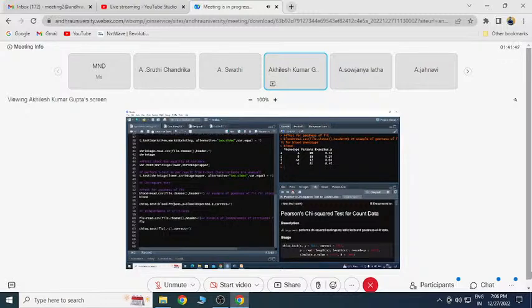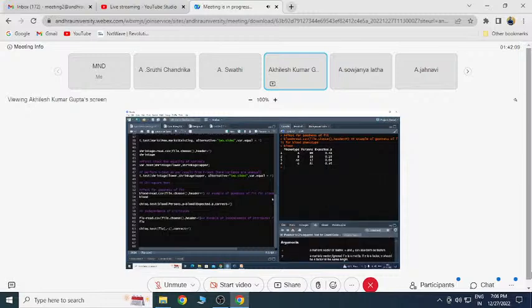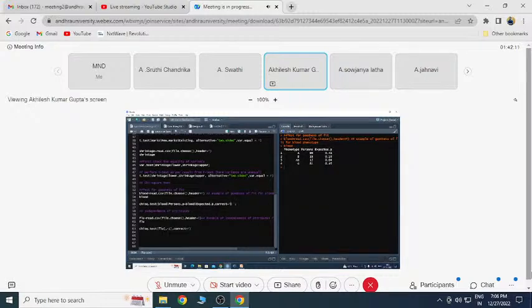Here we don't have to apply any Yates correction because our observed frequency is not less than 5, so I have taken correct equal to false. If you want to do the Yates correction, you set it equal to true. Here it is written: correct, a logical indicating whether to apply continuity correction or not. So you can check whether you want to do continuity correction or not. I don't want to do it here, so I have taken correct equal to false.